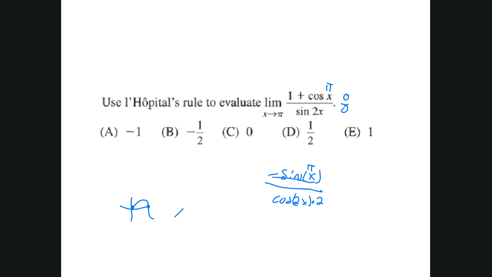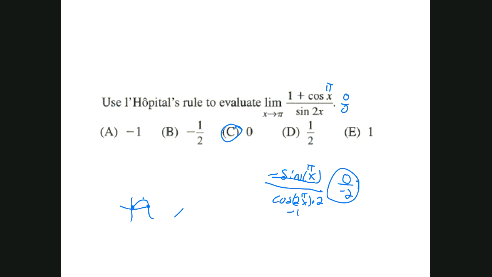Yeah, sine of pi should be 0. And then if I put pi in here, that's 2 pi, that's 360. Cosine of 360 is 1, so 1 times 2 is 2. But I'm going to go with 0 for my answer, because negative sine of pi is 0. So I'm going to go with letter C.